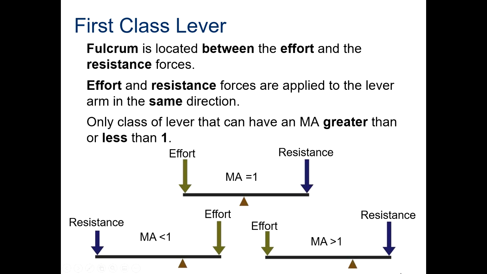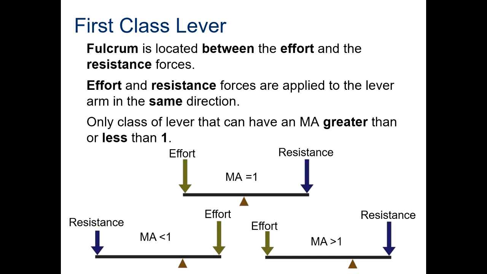All right, with the first class lever. The first class lever can have a mechanical advantage of 1. And that would be this situation right here where the pivot point is right in the center. And so your effort and resistance would be the same. So it takes 5 pounds of effort to lift 5 pounds of resistance. Now here we've shifted the pivot point over to the side, and if our resistance is on the longer arm, it has a mechanical advantage of less than 1.